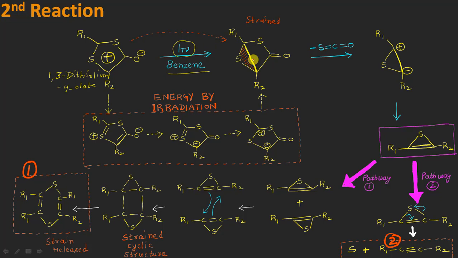For the formation of such strained and unstable molecules, a high amount of energy is required, so that such molecules can cross the high energy barriers required for the formation of strained products, right?